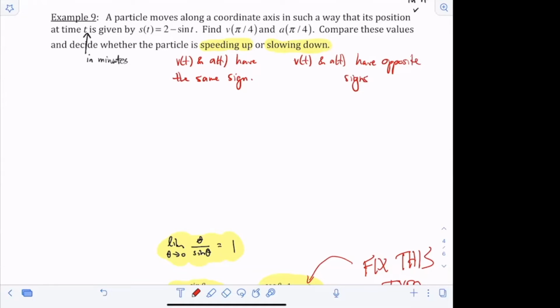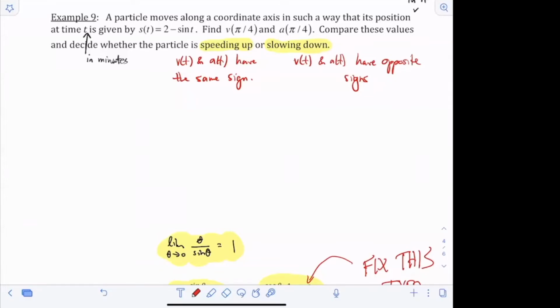So one way you can think of this is if your object is moving in a positive direction and it's also accelerating, then it's going in this positive direction, but it's going faster and faster and faster. So that would be speeding up. On the other hand, let's say your object is going in this positive direction, but the acceleration is negative.